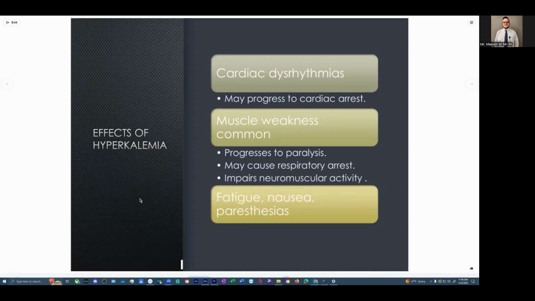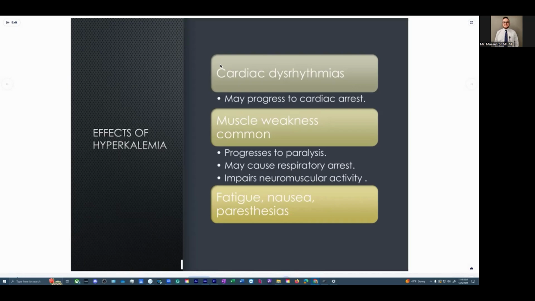So what's going to happen to someone with hyperkalemia? Again, cardiac dysrhythmias, cardiac arrhythmias, just abnormal rhythm to the heart, abnormal heart contraction. It could even lead to cardiac arrest. And again, the effects of low and high potassium are very similar.